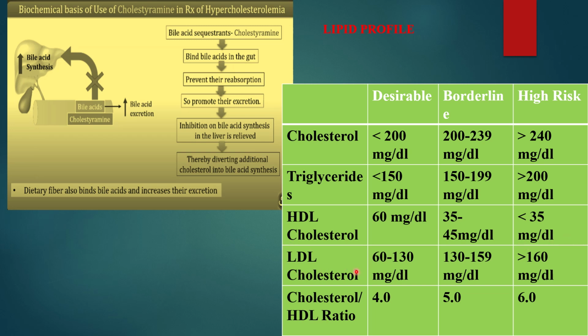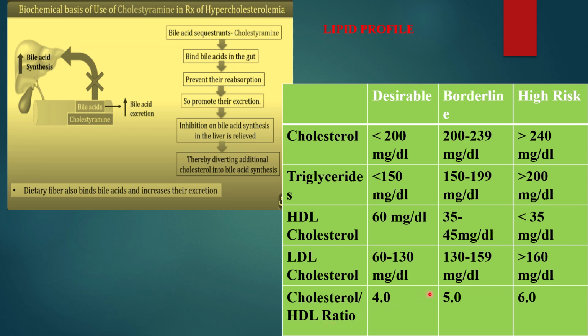Then the LDL cholesterol level should be between 60 to 130 milligrams per dl, and 130 to 160 milligrams per dl is borderline. More than 160 milligrams per dl leads to high risk for cardiac diseases. Then another parameter is the cholesterol to HDL ratio.